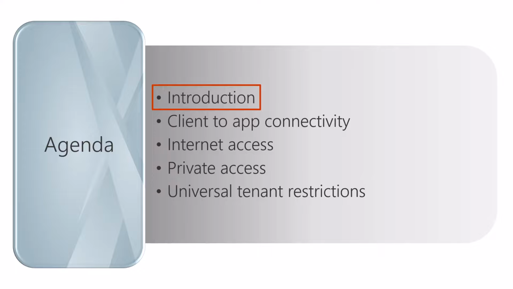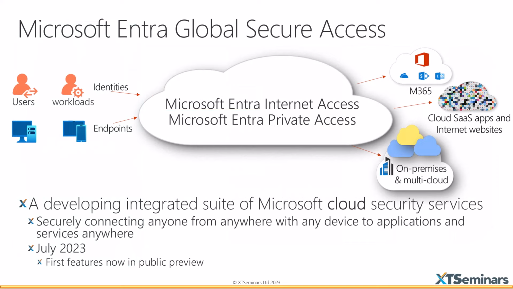But let's start by setting the scene and thinking about what is Microsoft Entra Internet Access? What is Microsoft Entra Private Access? Well, they're umbrellaed in the portal under Global Secure Access. And Microsoft are enhancing their suite of cloud security services to really help with securely connecting anyone from anywhere with any device to applications and services that are anywhere.